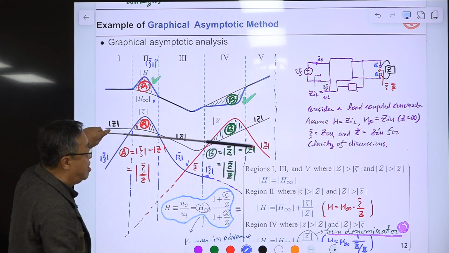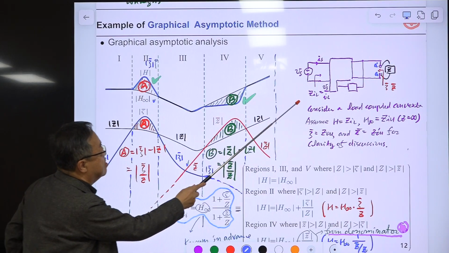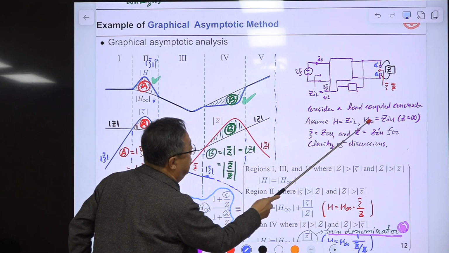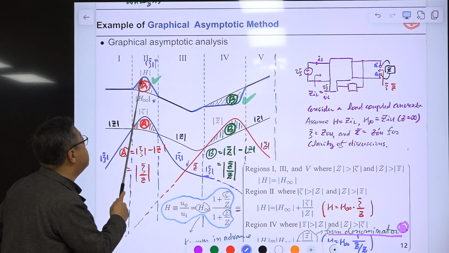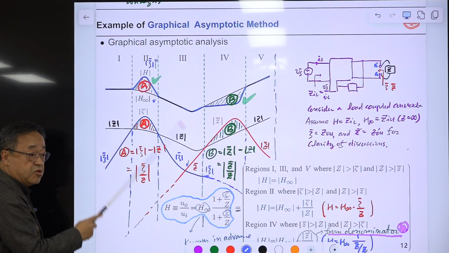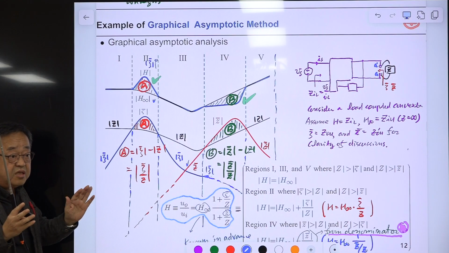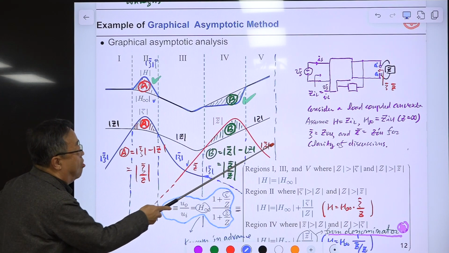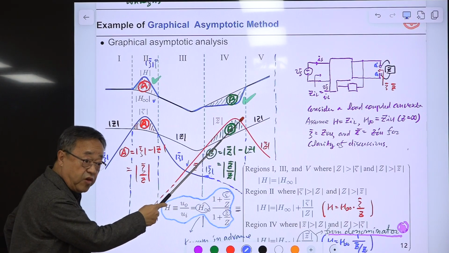Then you have this kind of situation. Then how will the input impedance of the load-coupled converter be formed? For wide frequency ranges, they are the same as the uncoupled one, but in some frequency range there is just some modification.